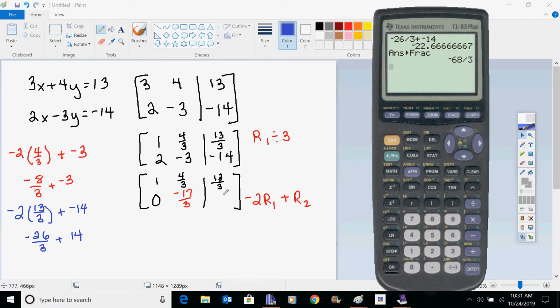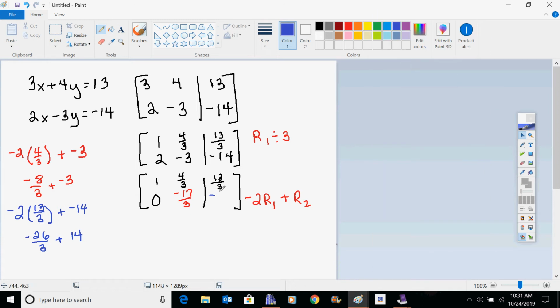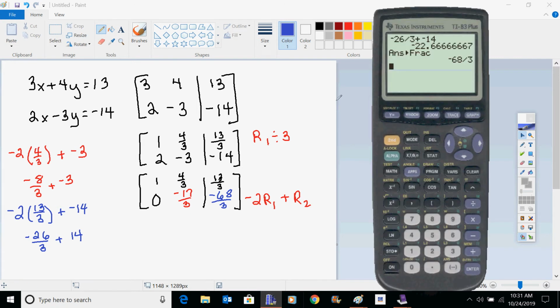So this one would be -68/3. All right, and some people are good with the mental math, and that's where that one came from. But just in case, negative 8/3. Okay, and I'm sure there's somebody that needs to see that, plus negative 3. And then we'll change it into a fraction. Negative 17/3.